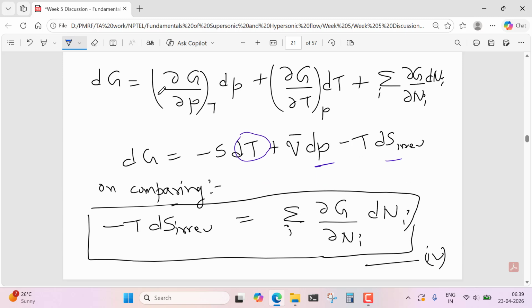So dG equals dou G upon dou P at constant T dP plus dou G upon dou T at constant P dT plus sigma i dou G upon dou Ni dni. And the second equation is dG equal to minus S dT plus V bar dP minus T dS irreversible. So the dP term from this, the dP term from that, this term will be equal to this term. So minus T dS irreversible will be equal to sigma i dou G upon dou Ni dni. Let's move to equation 4.